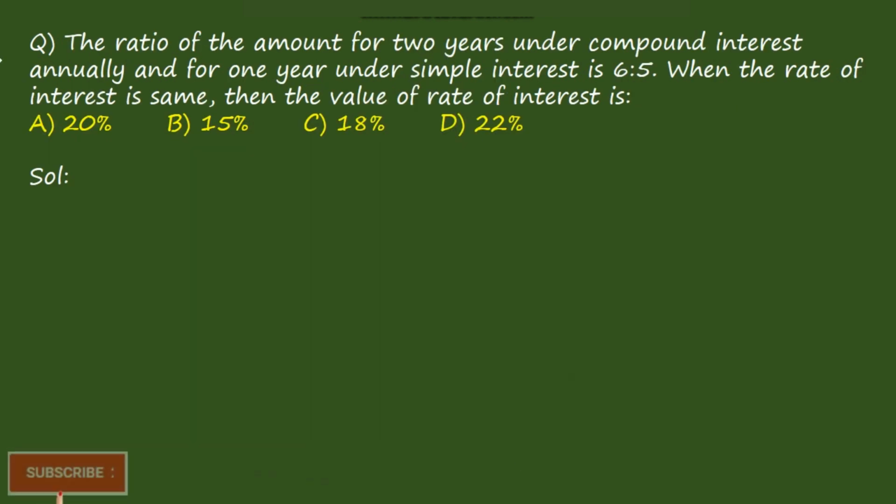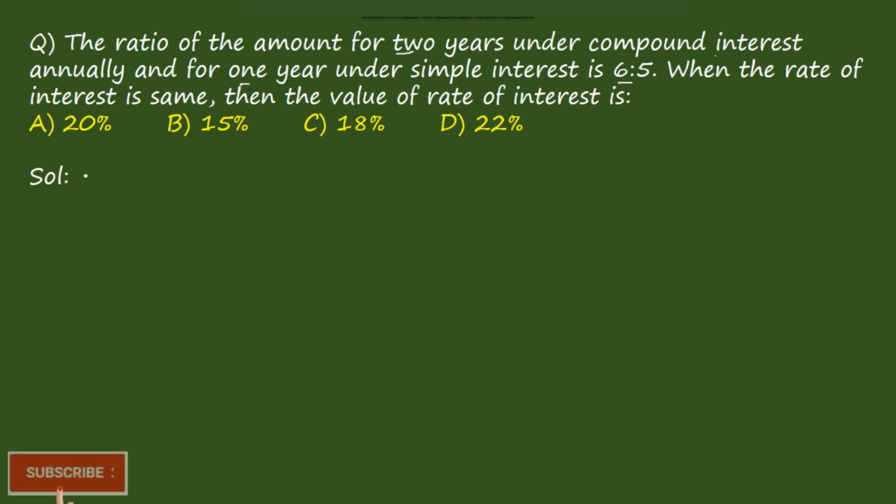The ratio of amount of 2 years under compound interest annually, and 1 year simple interest is 6:5. When the rate of interest is the same, then the value of rate of interest is. Okay, first understand the question. They're saying that the ratio of amount of 2 years under compound interest and 1 year on simple interest is 6:5.